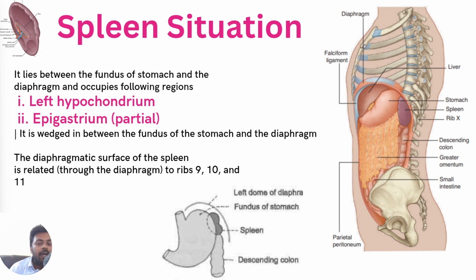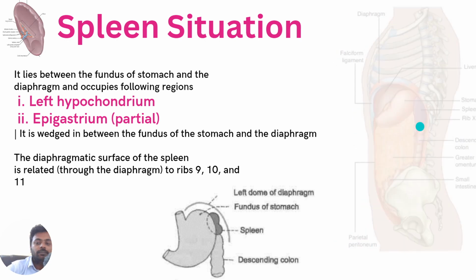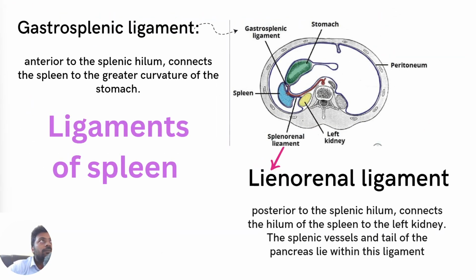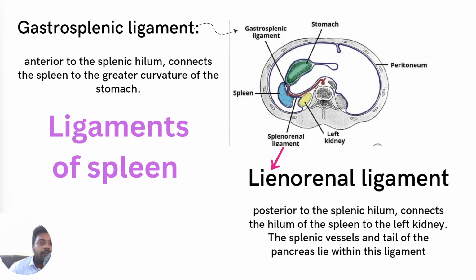It is an intraperitoneal organ entirely surrounded by the peritoneum. The spleen is connected to the stomach and kidney by parts of the greater omentum. There are a few ligaments which support or attach the spleen to the surrounding organs.